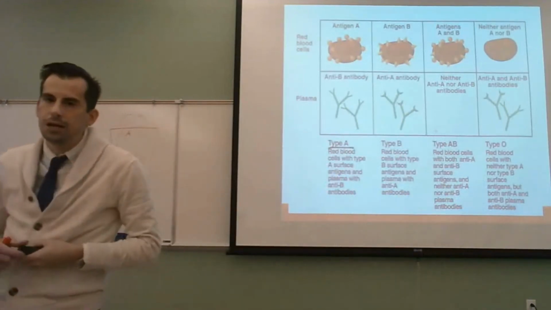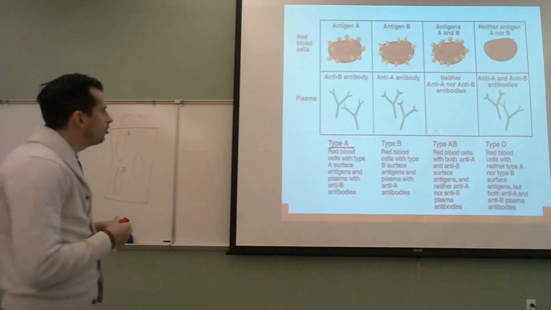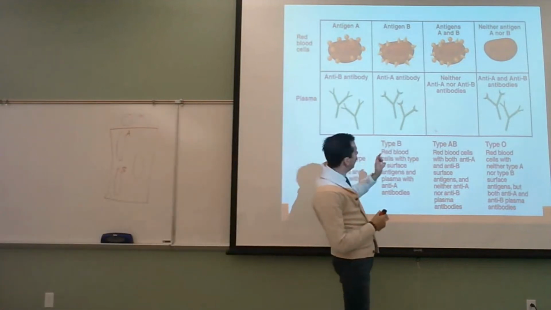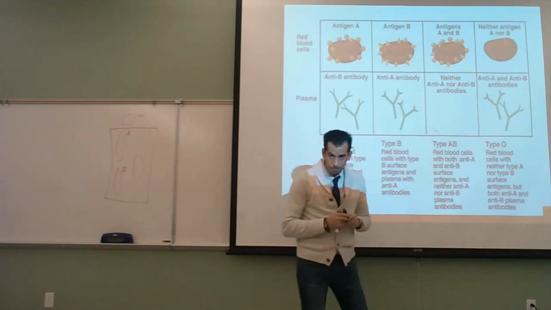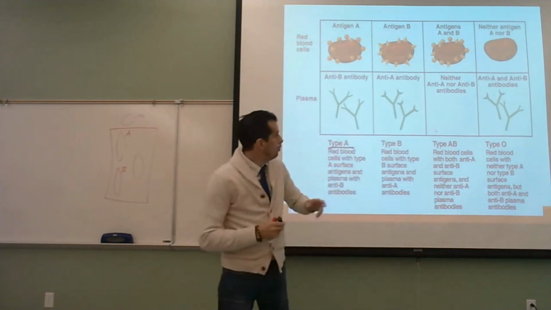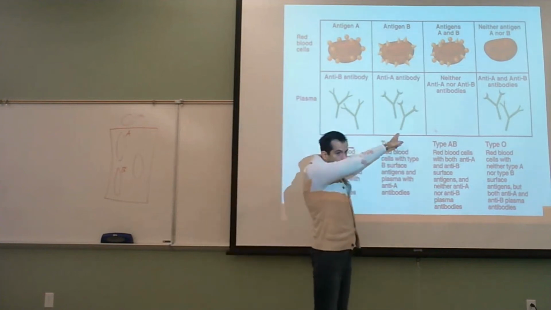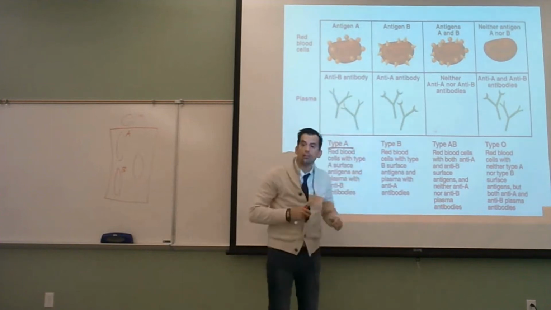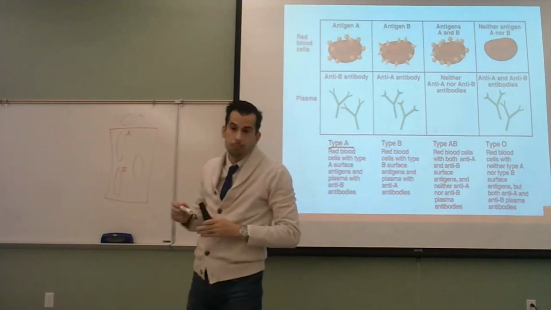Now picture what that means. When I said before that we take type A blood and we put a small vial of type A blood into type B, we see the antibodies in the recipient attack the antigens on the donated cells.